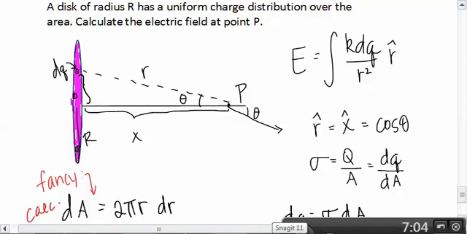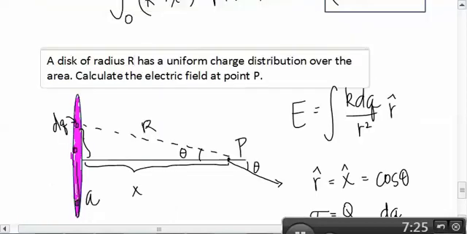Let me change my letters here. Can we make this a capital R? Got to be the least destructive. Instead of the radius of our circle being capital R, let's just make it a. The radius is a little a.